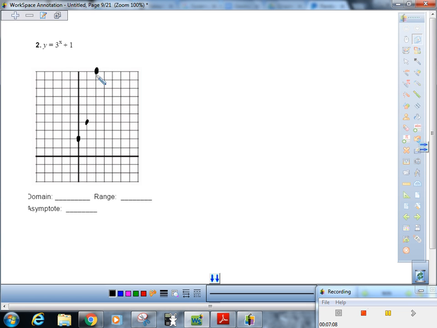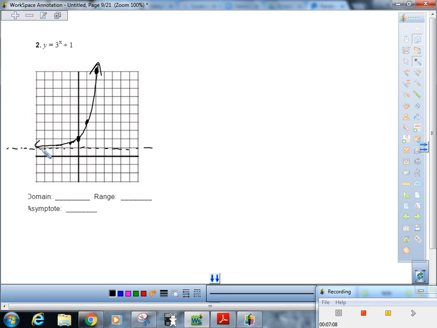And then as you go this way, it gets smaller, and you can see on your graph or from your table that our asymptote has changed. What is our asymptote in this one? It's y equals 1. Very good. So I'm going to make a dotted line right there. I'm going to do an arrow and an arrow because it does keep going.